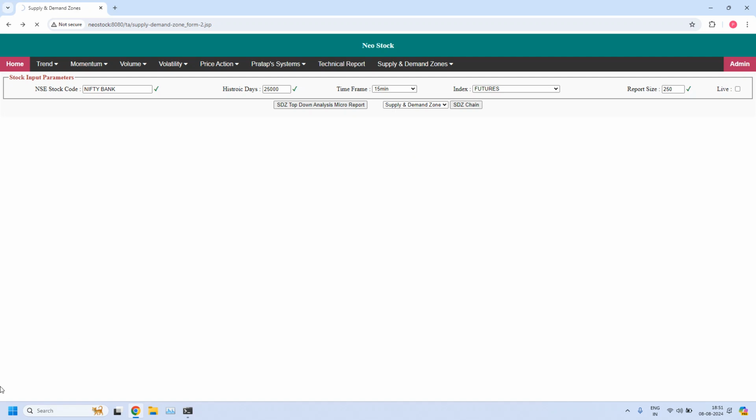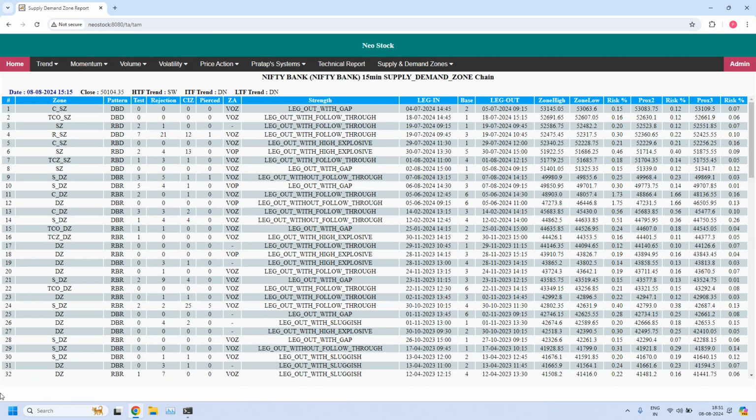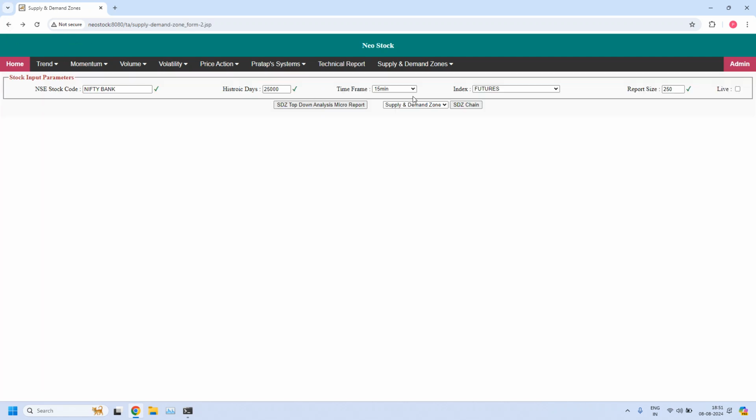Now I am generating 15 minute supply demand zone chain for Bank Nifty. And the last time frame is 5 minutes. And I am generating 5 minute supply demand zone chain for Bank Nifty.